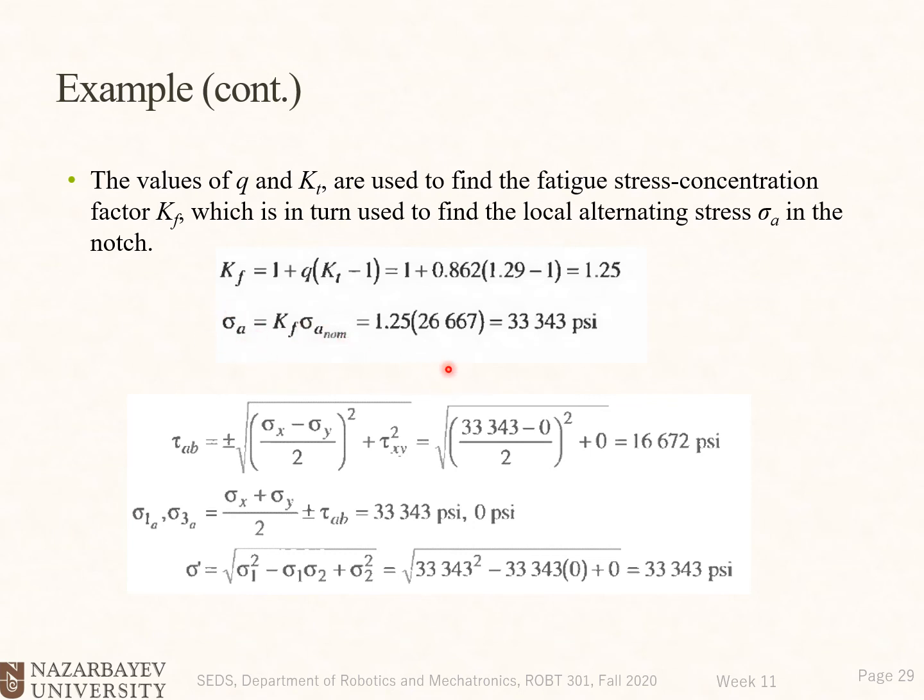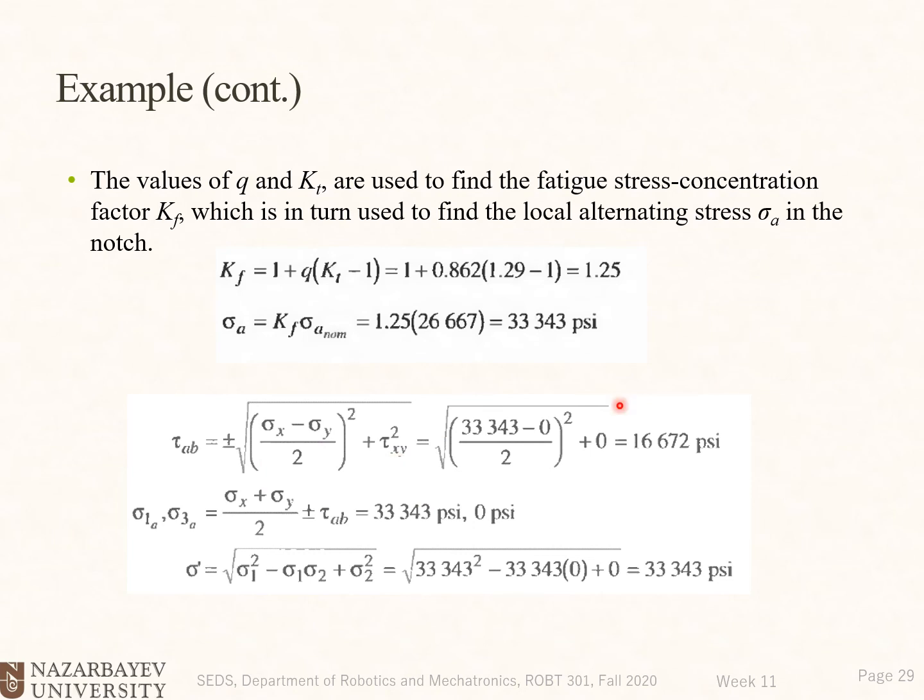Okay, so now what should we do with that sigma A? Very similar to what we did in the von Mises theory, first we need to find principal stresses, sigma 1 and sigma 3.